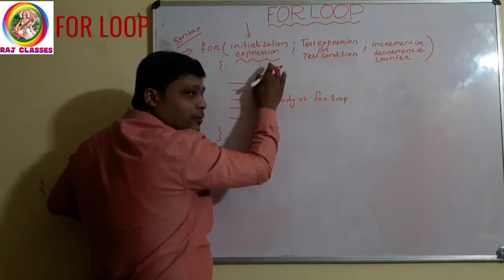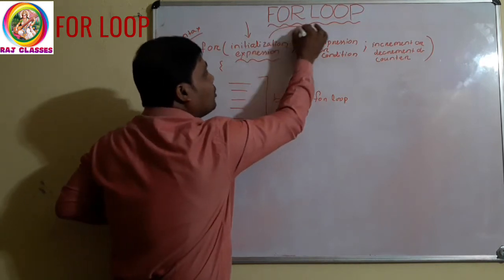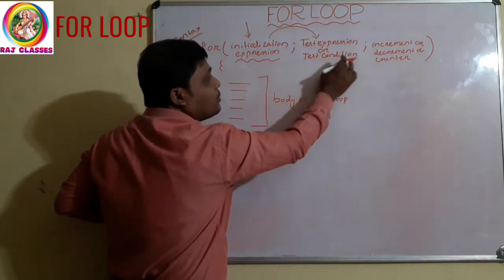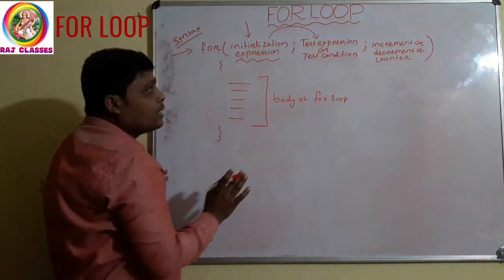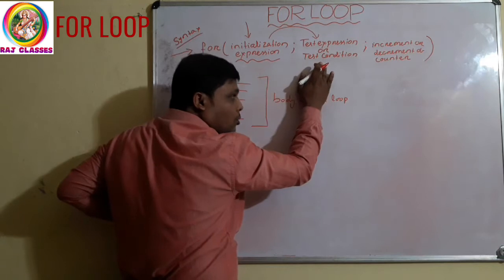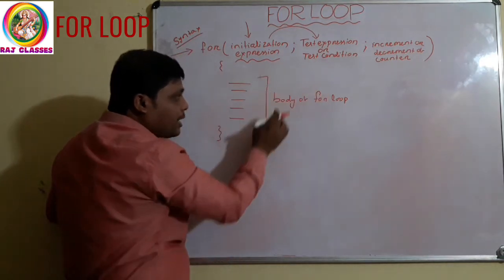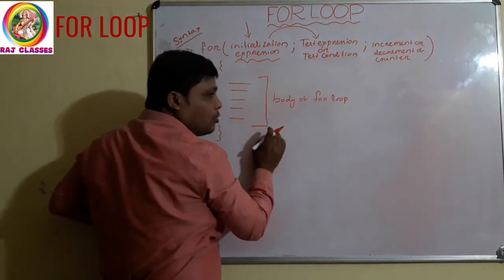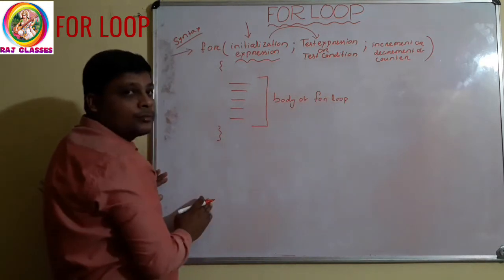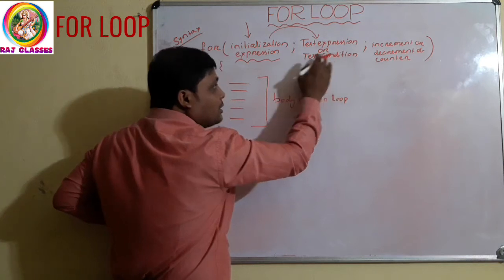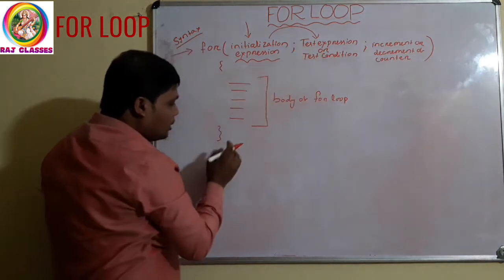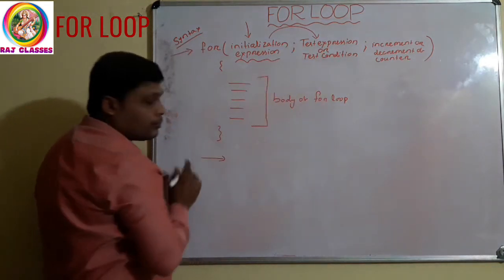After initialization of the counter, control will go to the condition part, the test expression or test condition. If this condition is true, then the body of for loop will execute. If the condition becomes false, then the control will go out of for loop.